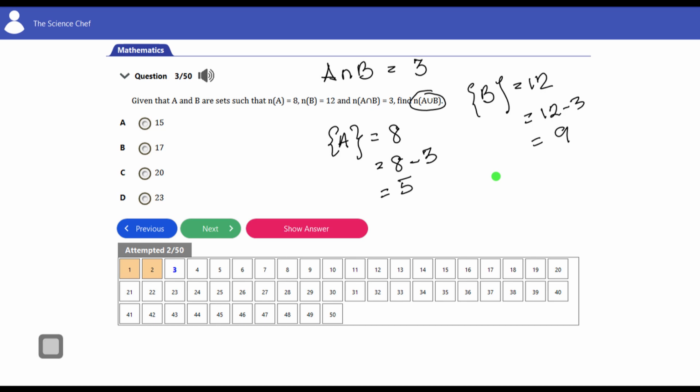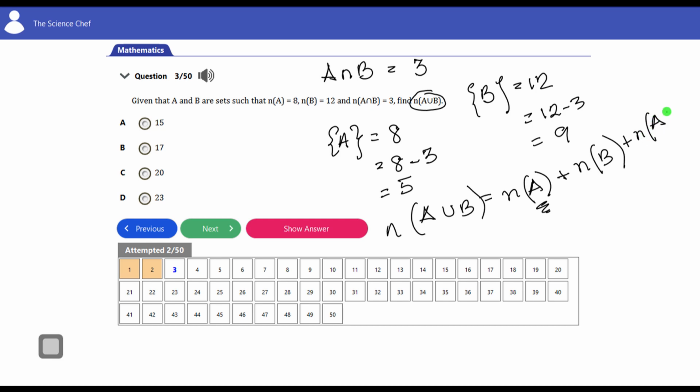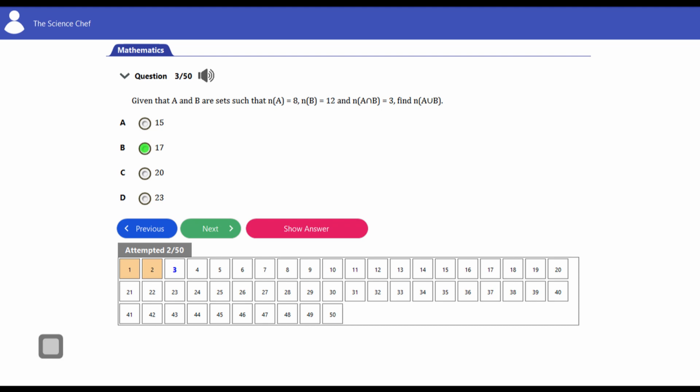A union B can be said to be the elements unique to A, plus the elements unique to B, plus A intersection B. Now these A and B are not the total of A and B. By this I mean those elements that are unique to A and B. So this is 5 plus 9 plus 3, and this gives us 17. 14 plus 3, that's 17. And our answer is option B.